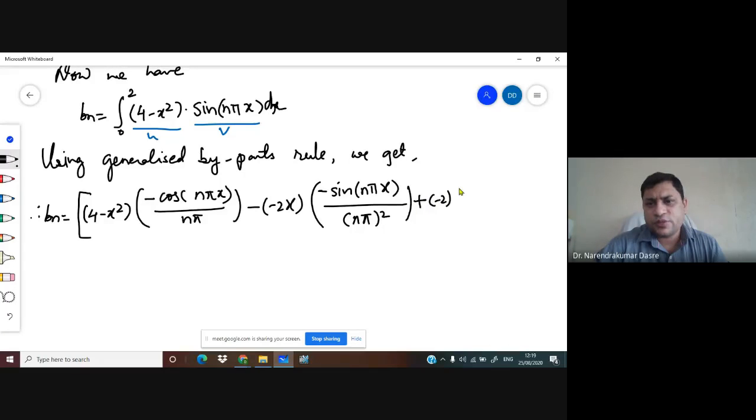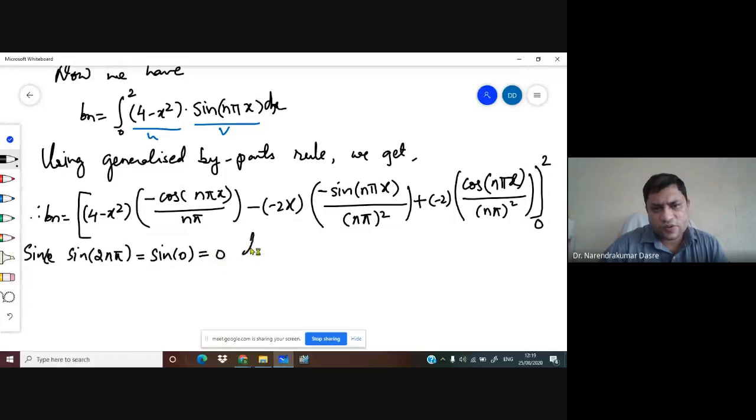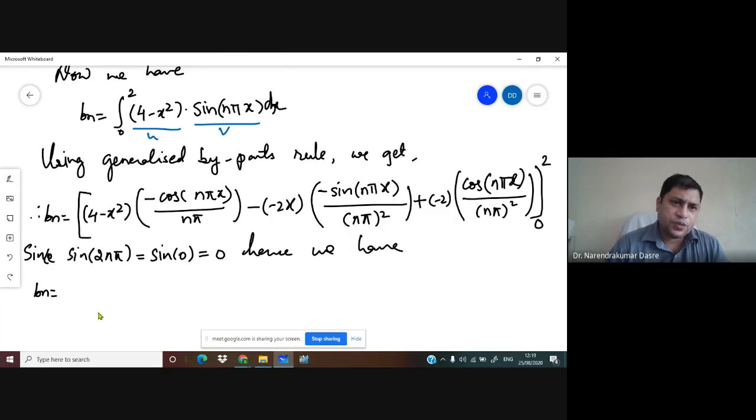Next, the derivative is minus 2, and the integration is cos of n pi x upon n pi bracket cube, and this is 0 to 2. So what we know again, since sine of 2n pi is equal to sine of 0 is equal to 0. So hence we have Bn is equal to, okay.